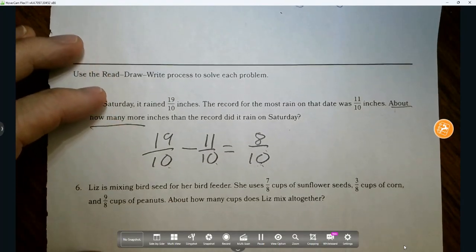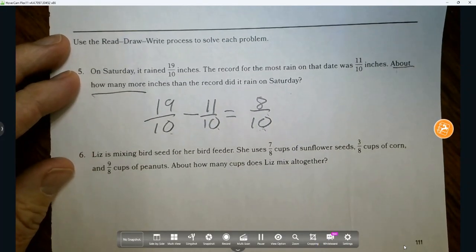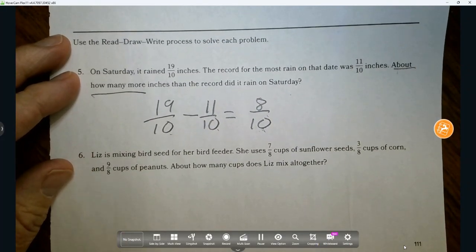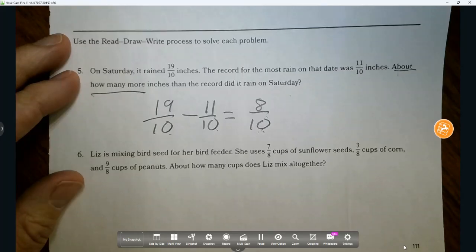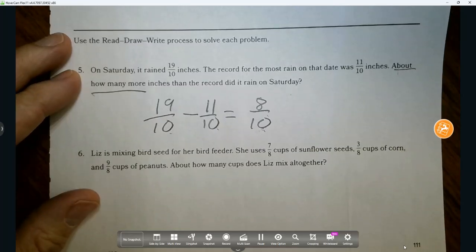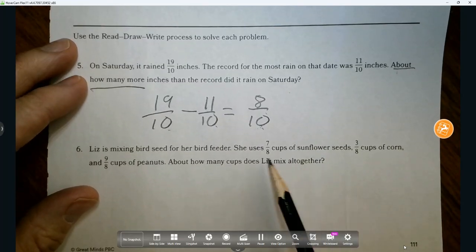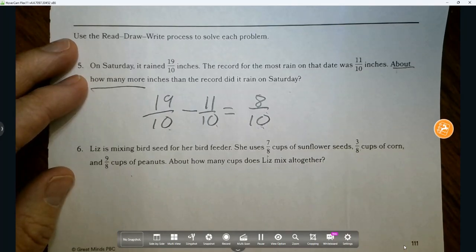The next one I'll read to you, but I'm not going to solve it for you, because you got to do this one on your own. Liz is mixing bird seed for her bird feeder. She uses 7/8 cups of sunflower seeds, 3/8 cups corn, and 9/8 cups of peanuts. About how many cups does Liz mix together? Put them all together.